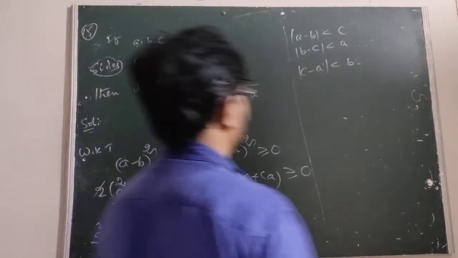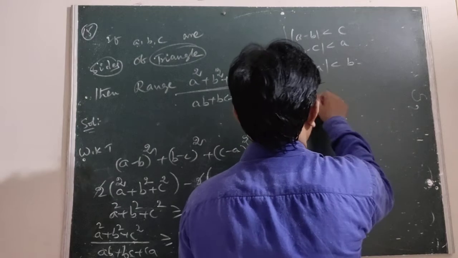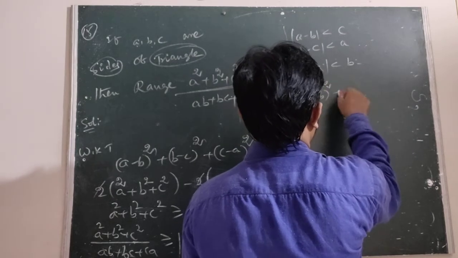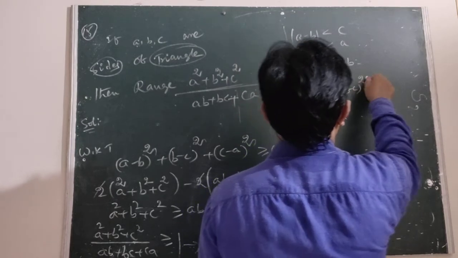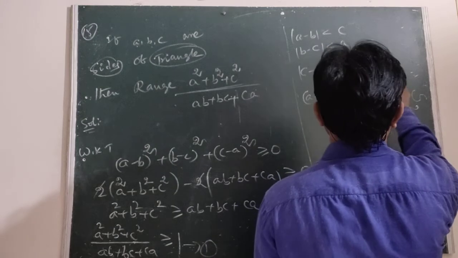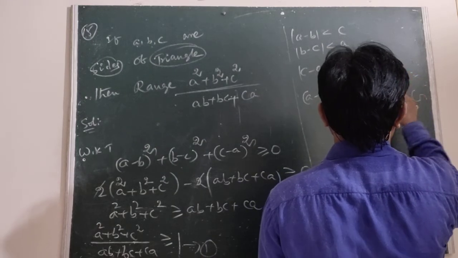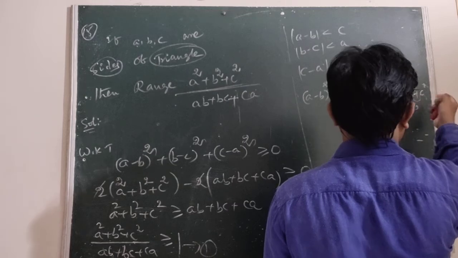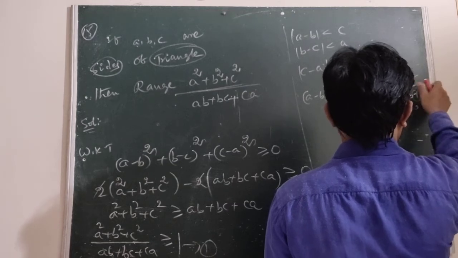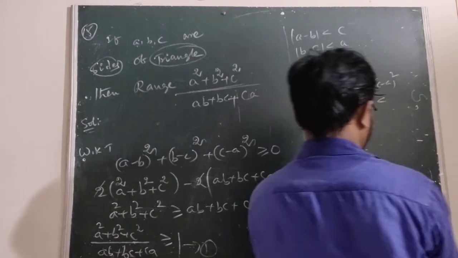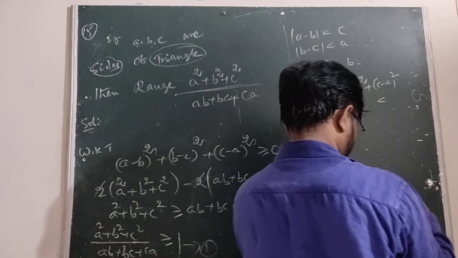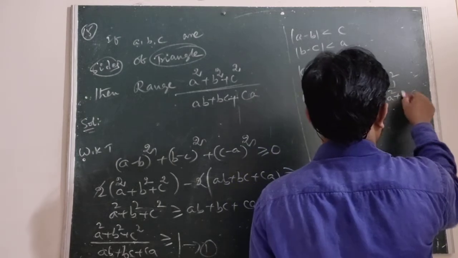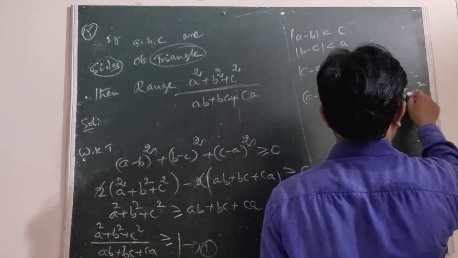Now sum of these squares. Now A minus B whole square, B minus C whole square, and C minus A whole square is less than A square plus B square plus C square.